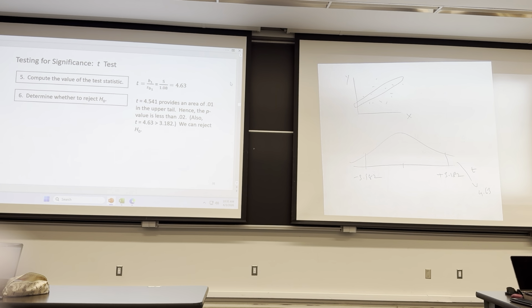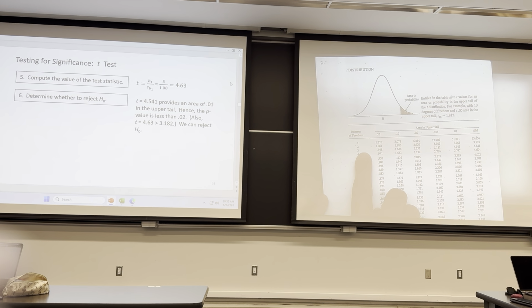Now, what is the P value? Three degrees of freedom. Try to locate 4.63. Can you see over here is 4.541, and here you have 0.01. But mine is 4.63, which means it should be less than 0.01. Even if I take 0.01, times 2 because it's a two-tailed test, it's 0.02.